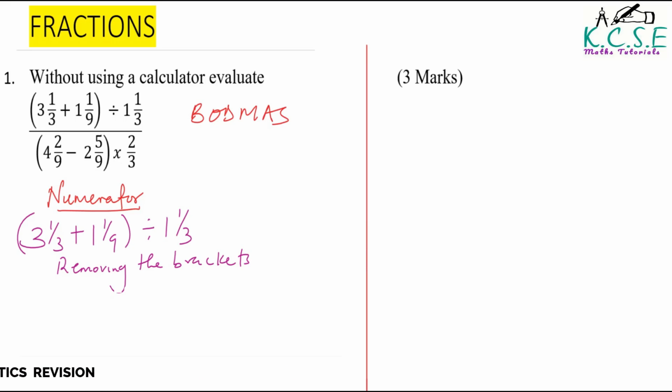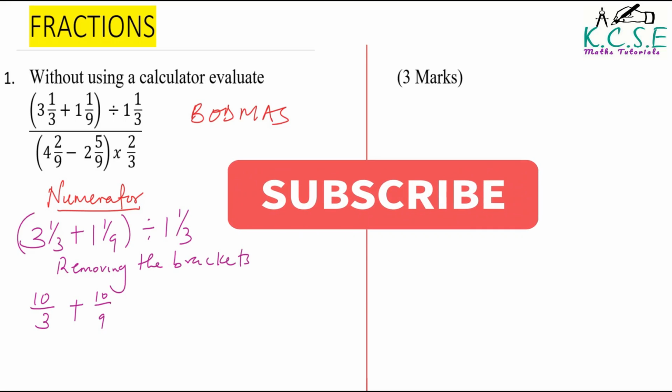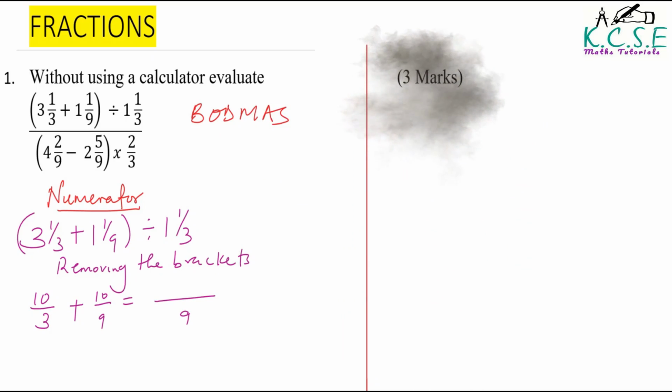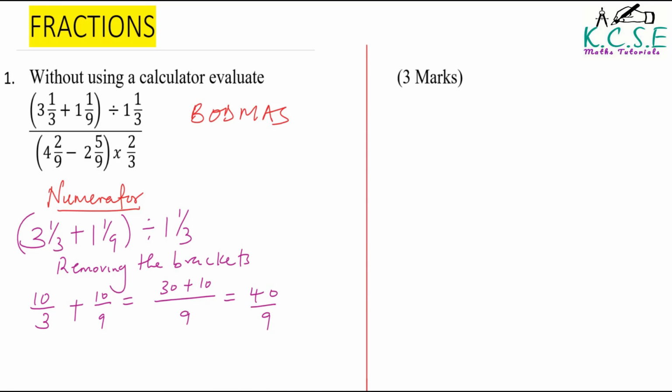So 3 and a third, which is equivalent to 10 over 3, plus 1 and 1 over 9, which is equivalent to 10 over 9. We add these, so the LCM is 9, so this gives 30 plus 10, we get in this case 40 over 9.